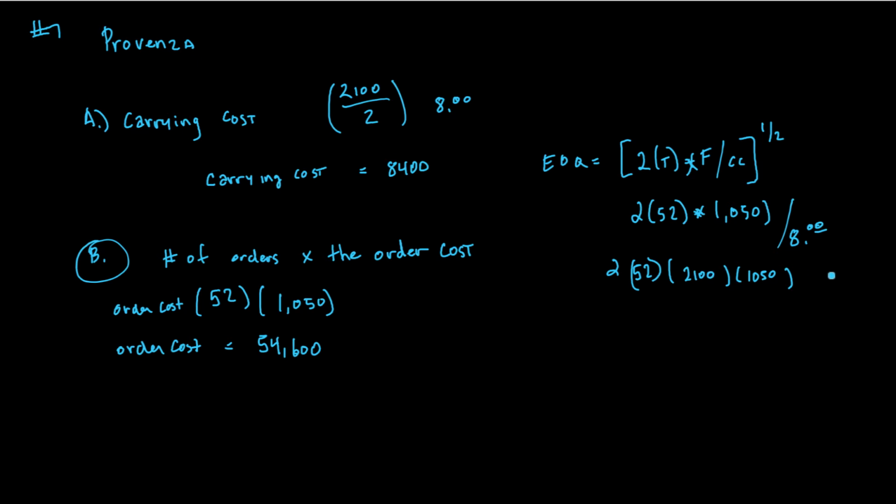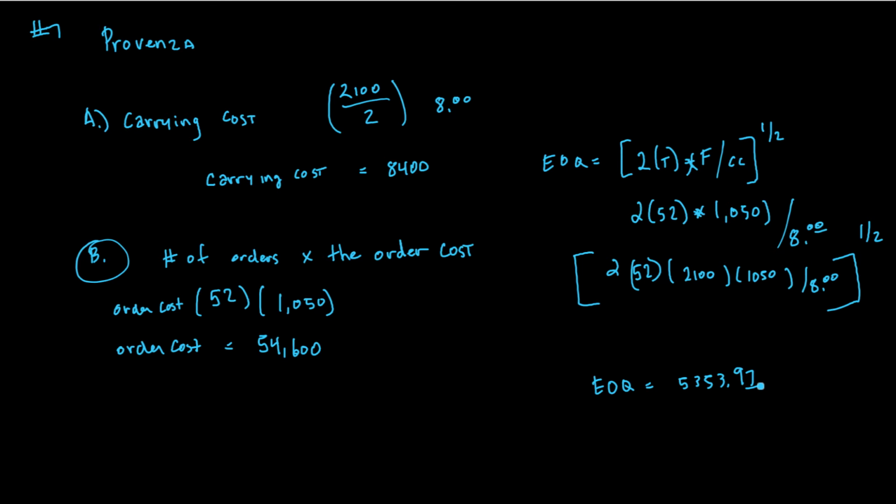We're going to divide that by $8, which is our carrying cost, and then raise all this to the 1/2 power, and we end up with an EOQ equal to 5,353.97.